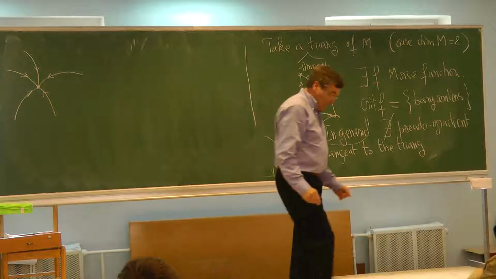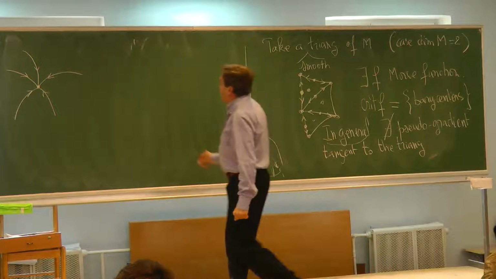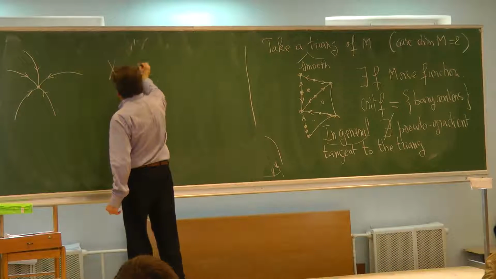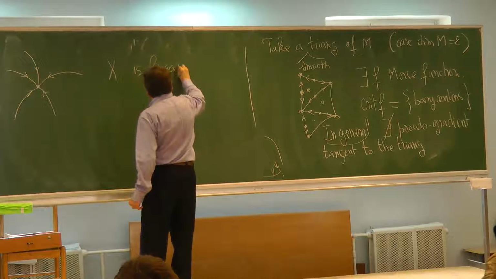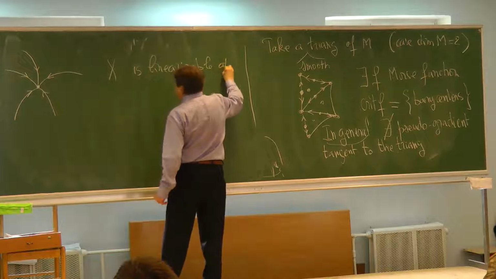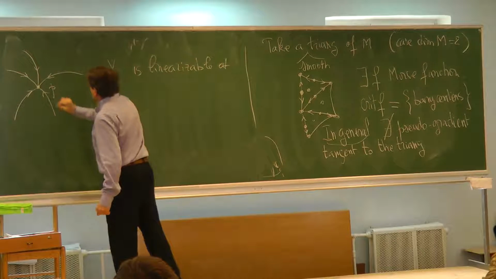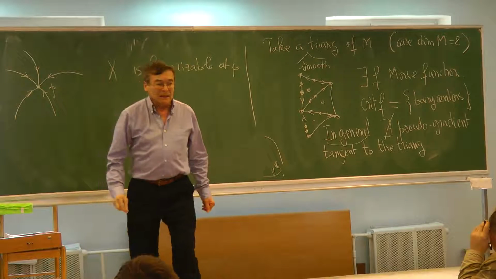And due to Sternberg's theorem, X is linearizable at P. So it has a scalar linear part. It has a linear part proportional to the identity.